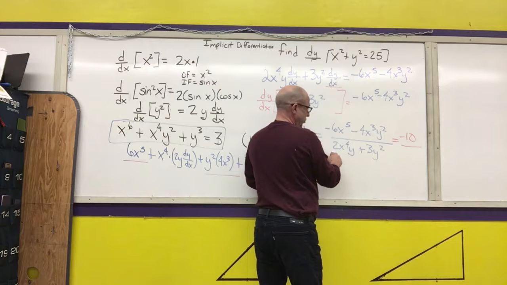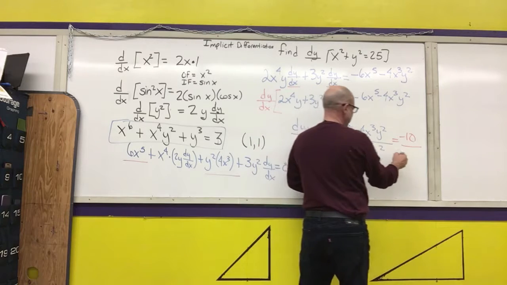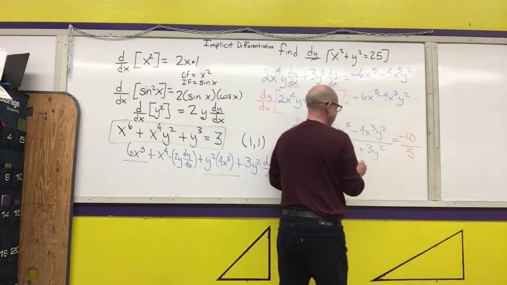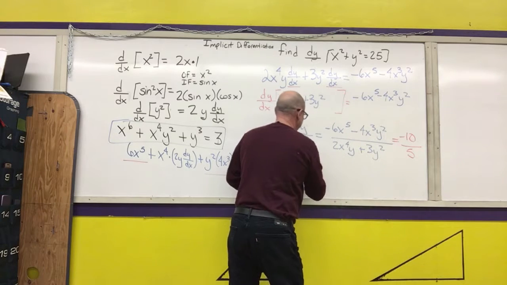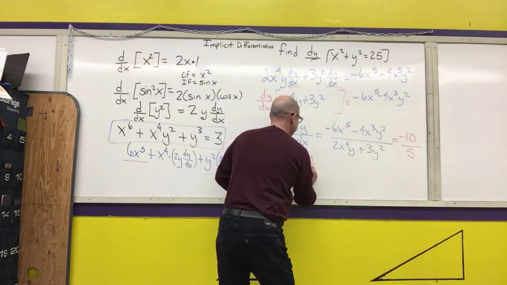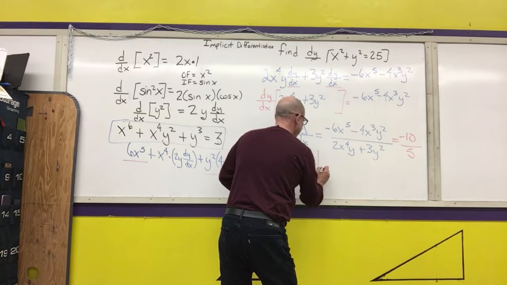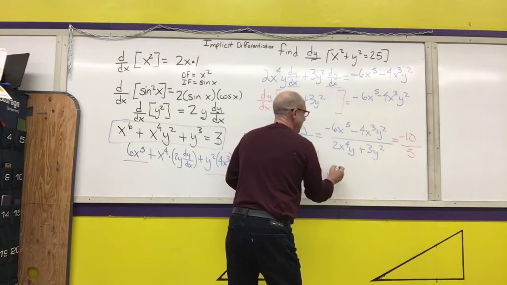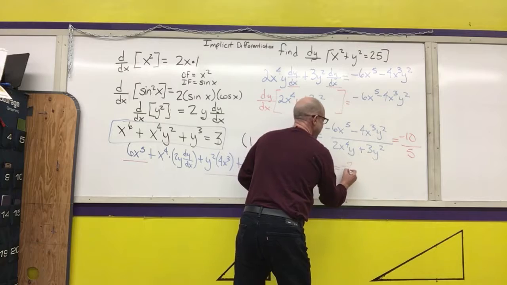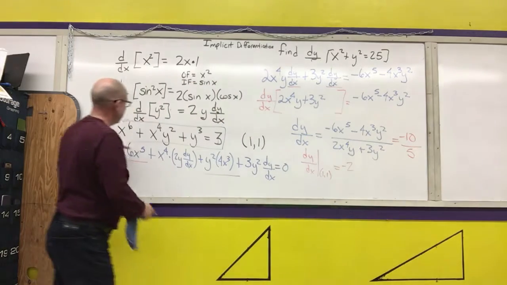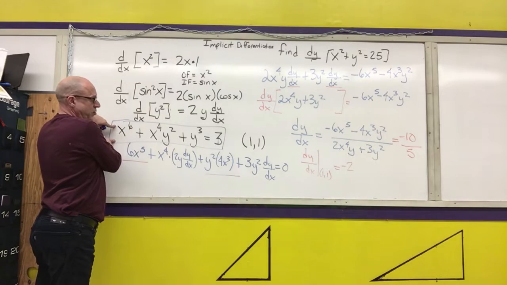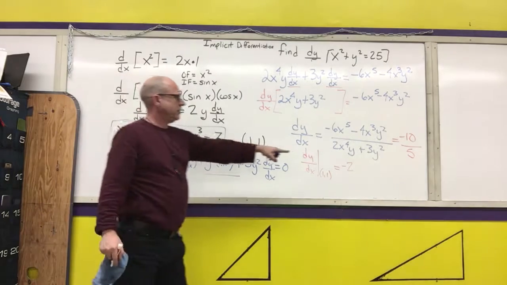I get 2 plus 3, which is 5 in the denominator, and I get negative 10 over 5. So dy/dx evaluated at the point (1, 1) is equal to negative 2. So the slope of the tangent line to the curve that's graphed by this equation is negative 2.